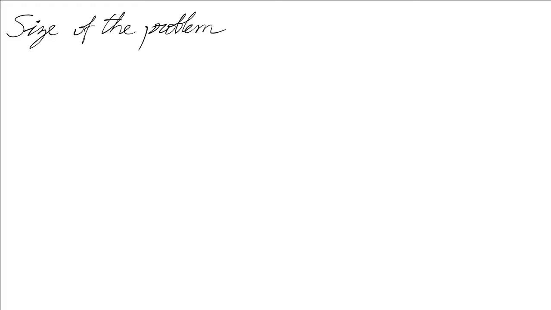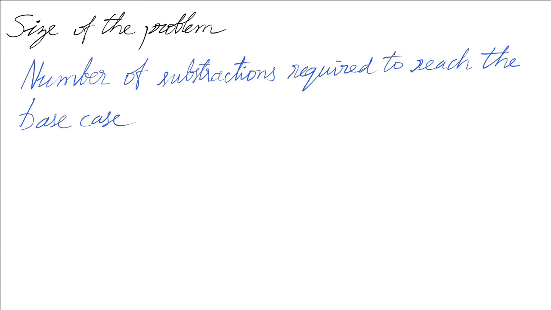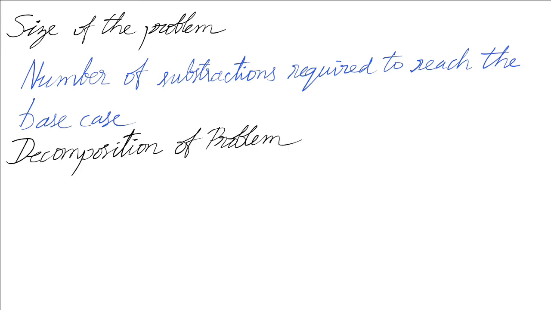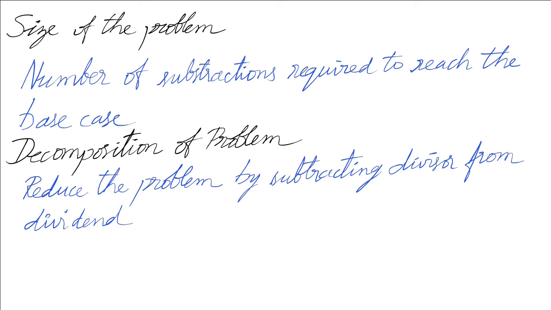What is the size of the problem? Size of the problem is the number of subtractions required to reach the base case. What happens in the decomposition of problem step? We reduce the problem by subtracting divisor from dividend.